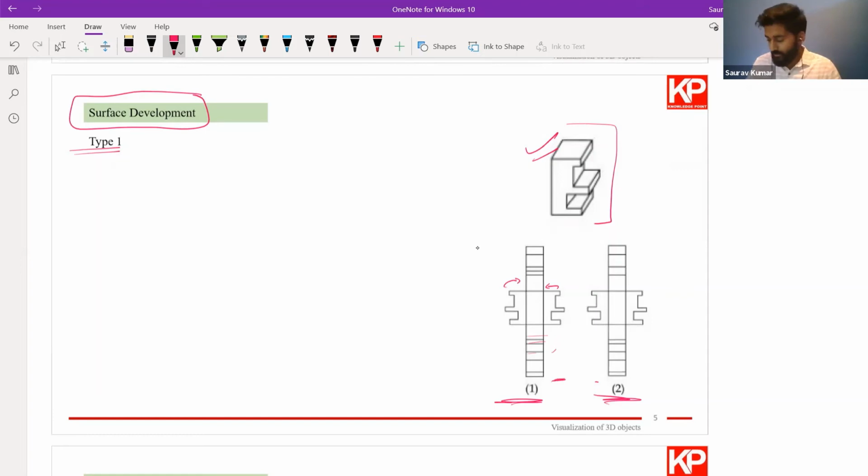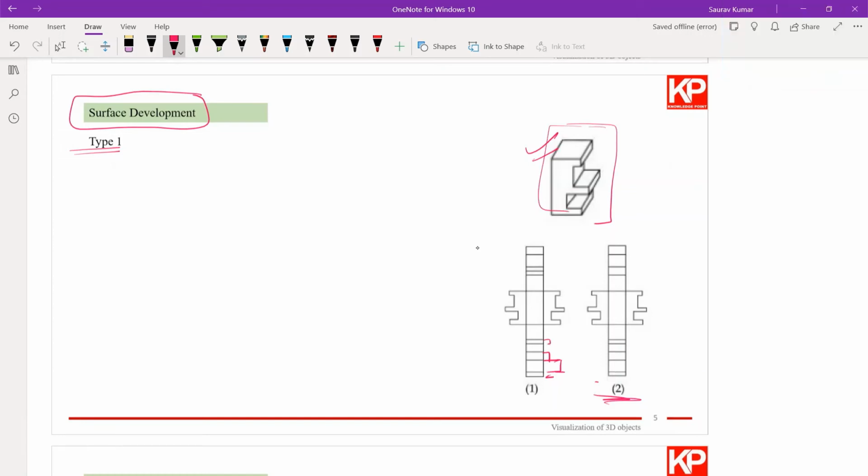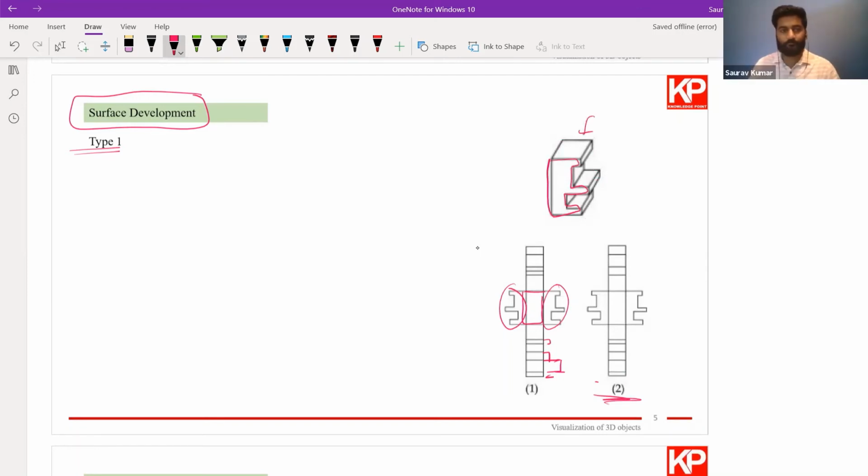And all the lines that you are seeing here, like this section, then this section, then this small section. This side and the opposite side, these two.